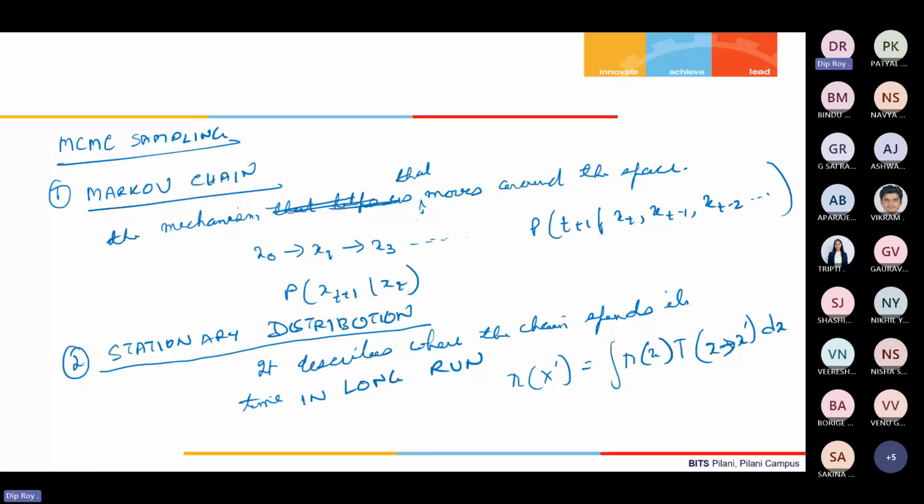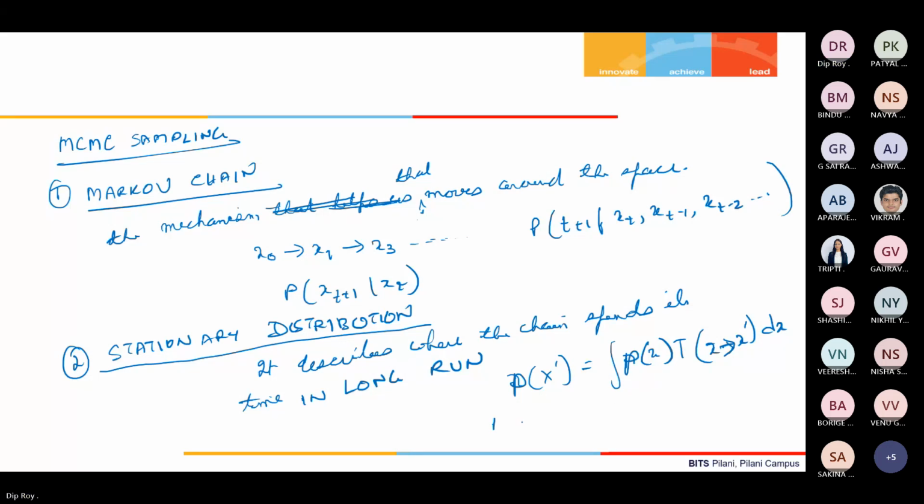And why do we want to reach a stationary distribution? The reason is that if we reach a stationary distribution, and this pi is nothing but this probability, just to remove the confusion, I'm writing it as probability.